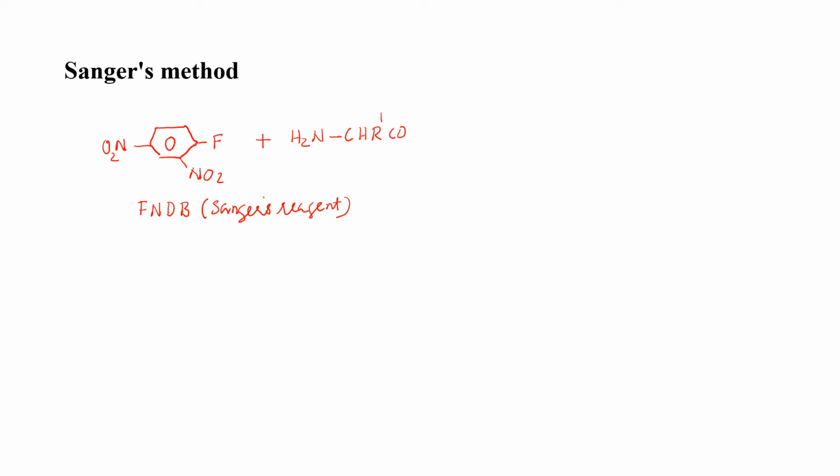If we consider a polypeptide chain like this, a peptide having 3 amino acids, when it is treated with sodium hydrogen carbonate and Sanger's reagent, the free NH2 group combines with the fluorine and we get the DNP derivative having this structure.